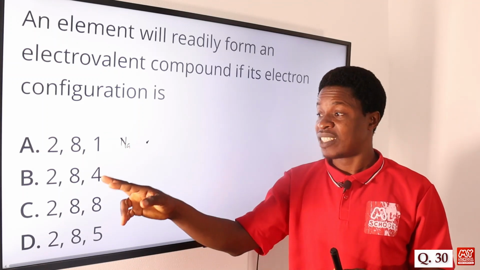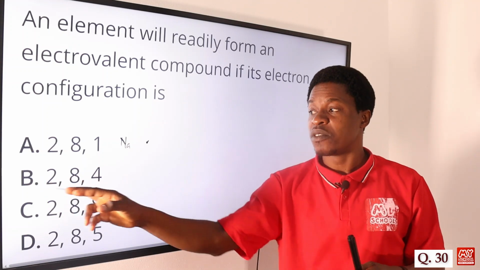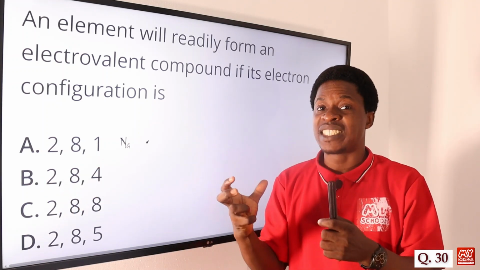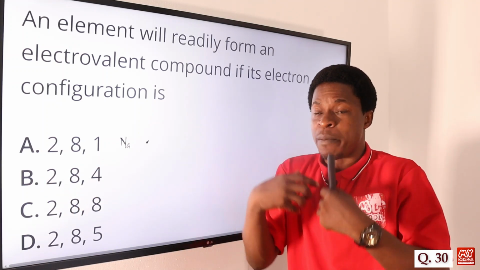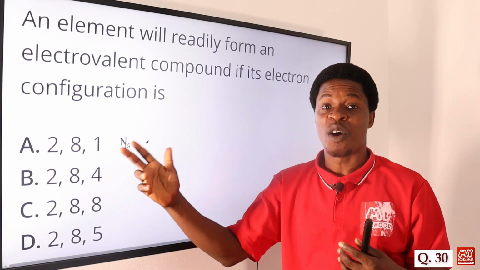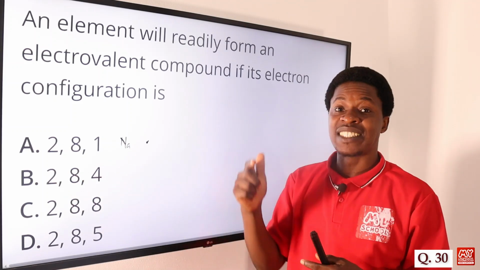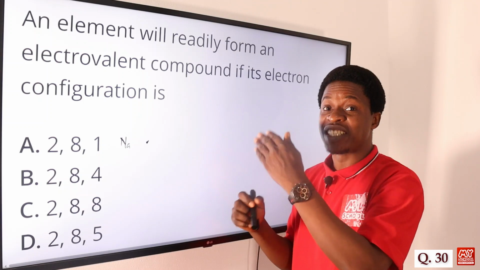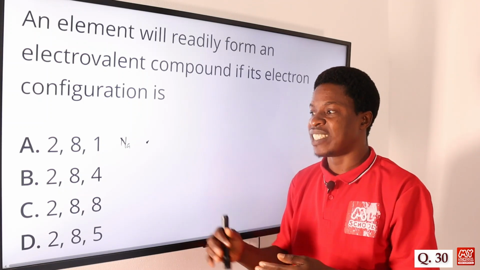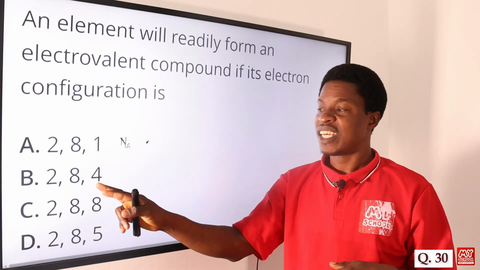Instead of giving out this 4, this element will either prefer to get another atom of the same element like itself, then both of them share together, and they become a molecule. Or it will look for an element that also has 4 electrons, and both of them share together. Instead of giving out 4, which is so big, it's easier to give out 1 than to give out 4.